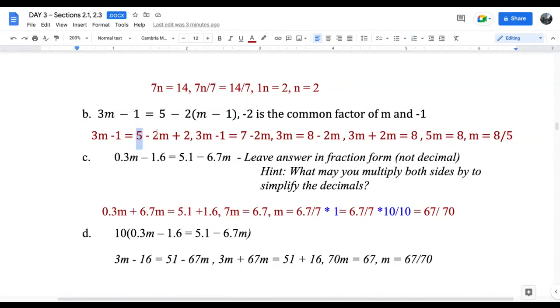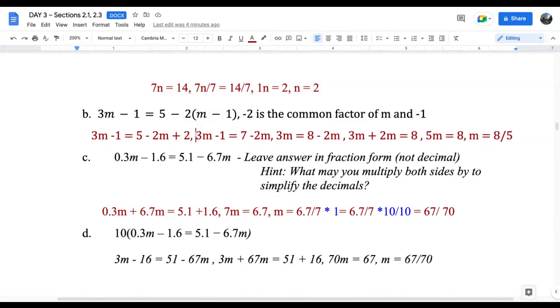Then we see we have 5, we have 2 on the right-hand side. So on the right-hand side, these are like terms. So we can add 5 to 2, get 7. Right? 7 minus 2m. The left-hand side, we don't change.